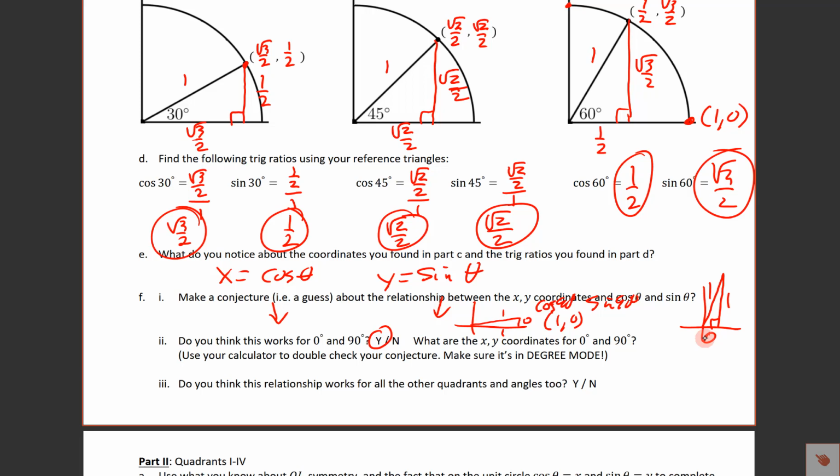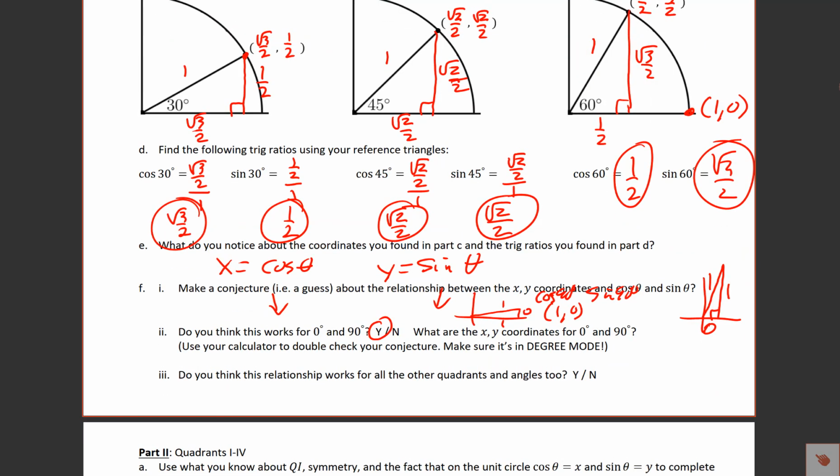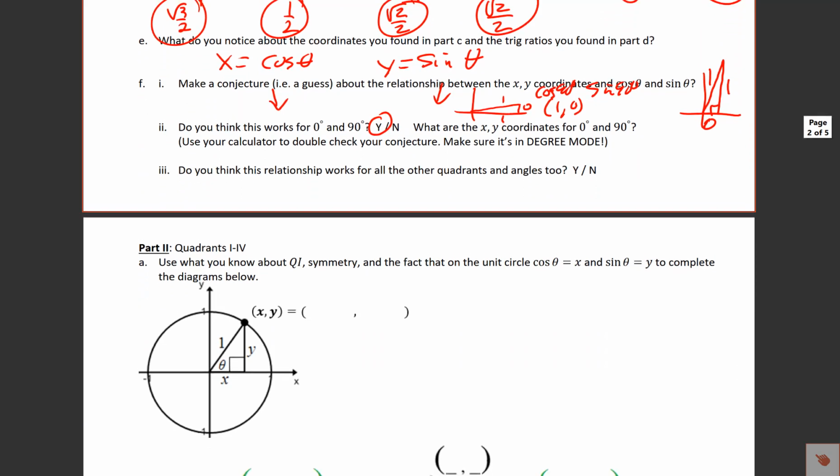So the coordinates there would be 0, 1, and if you want to double check on your calculator, do the cosine of 90 right now. Or look on your little trig table. Is it 0? Cosine of 90 is 0. Sine of 90 is 1. Does it work? Are cosine and sine just like the inverses of each other? They're phase shifts of one another and a couple of other things.